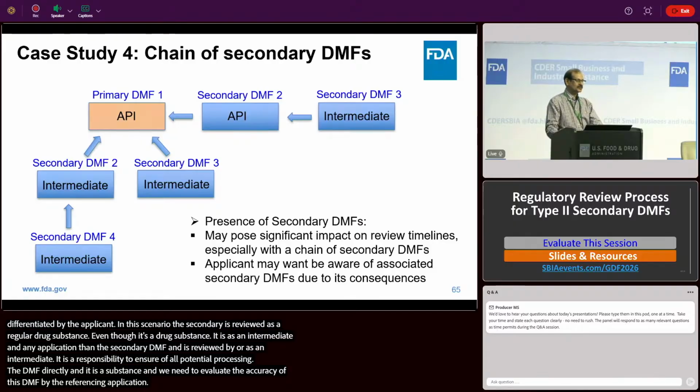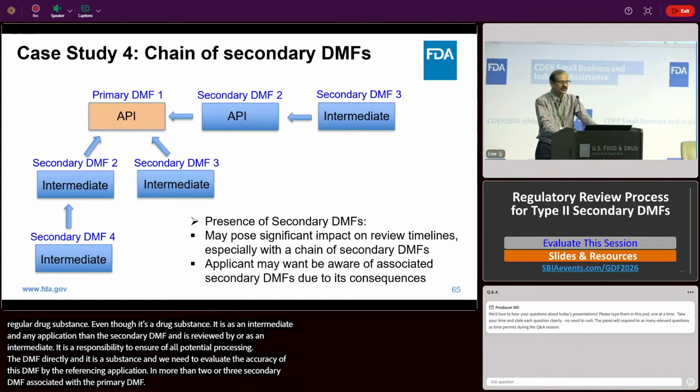We have several cases where more than 2 or 3 secondary DMFs are associated with a primary DMF. In fact, we do have a few examples where more than 5 secondary DMFs are associated with a primary DMF.